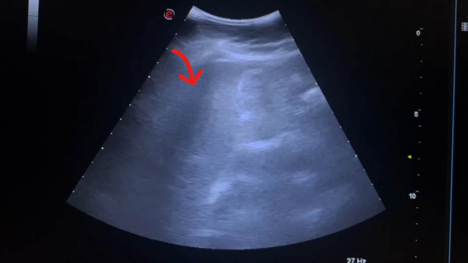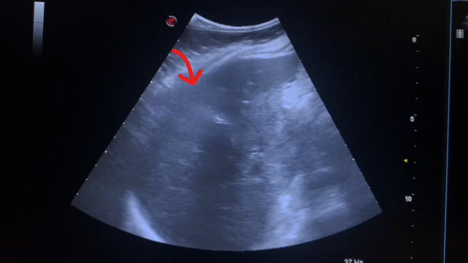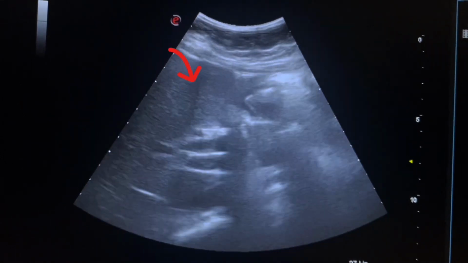Now we continue scanning from the epigastrium to the right hypochondrium between the ribs.